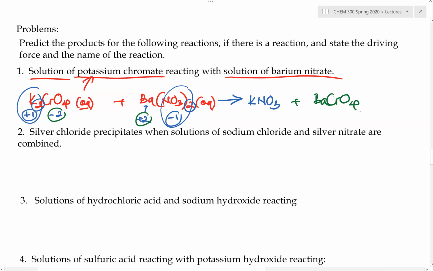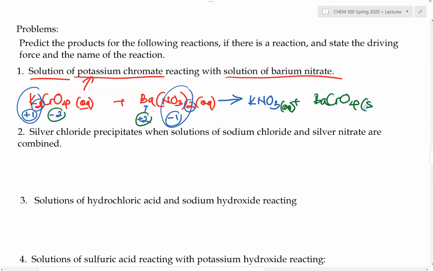Now we want to use solubility to figure out whether this would be meeting one of the driving forces. Here we have potassium nitrate, and we know potassium nitrate is soluble in water, so it would be aqueous. As for barium chromate, barium is +2 and chromate is -2, and whenever we have +2 and -2 coming together, it is very likely insoluble in water.